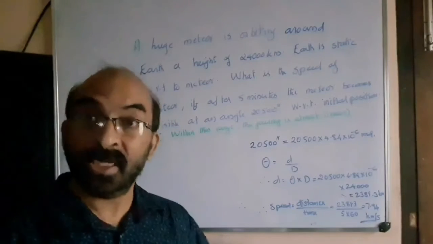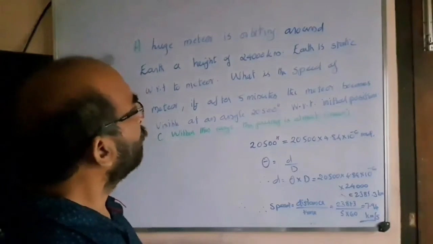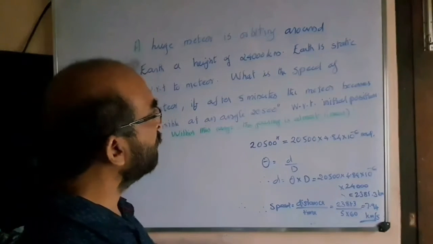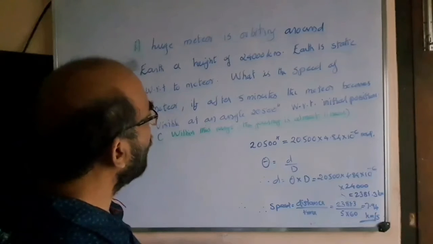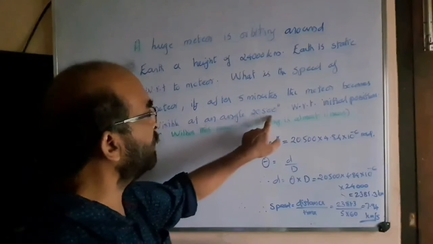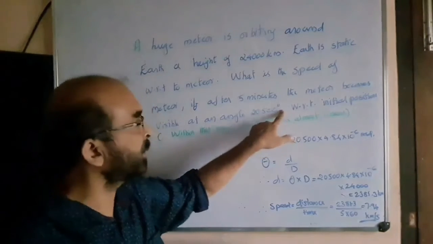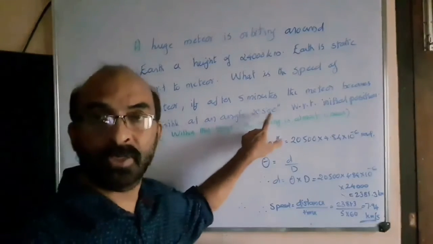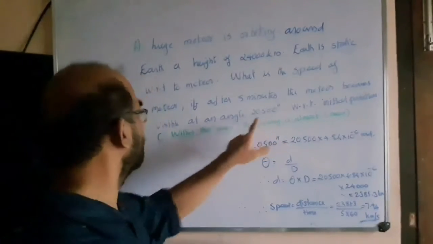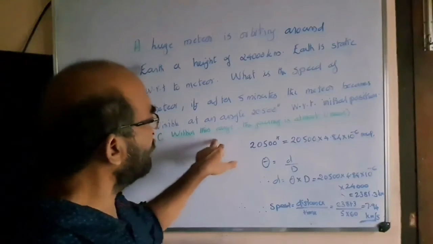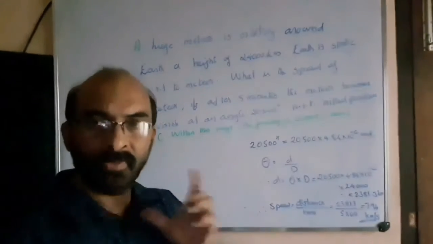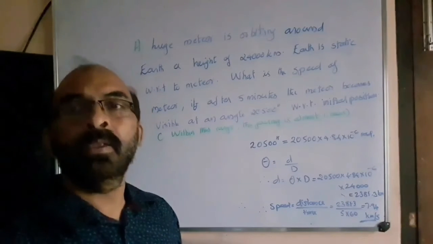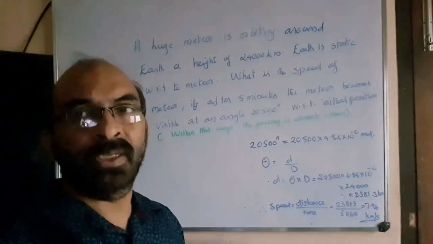What is the speed of the meteor if after 5 minutes the meteor becomes visible at an angle of 20,500 seconds with respect to the initial position? Within this reach, the journey is almost linear. Within that 5 minutes, imagine the journey of the meteor is linear. Then you get the answer.